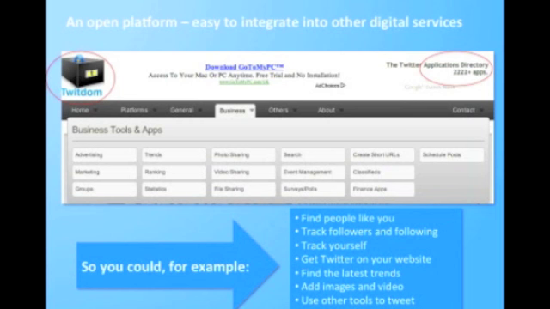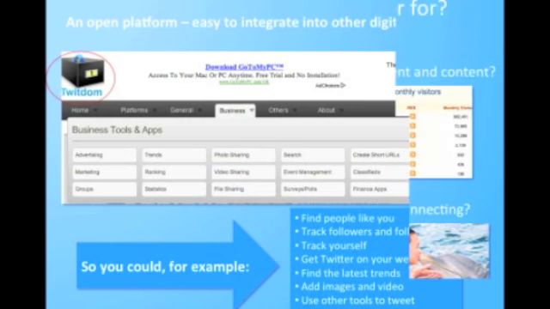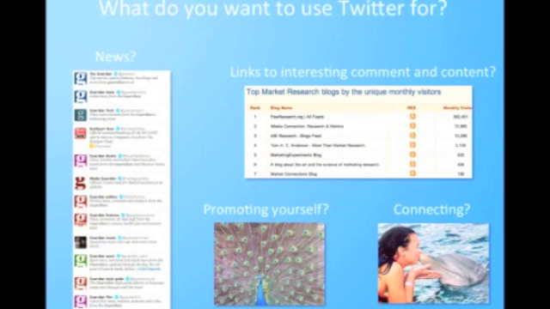You can find the latest trends, what people are talking about. You can add images and video. You can, rather than using Twitter on a website, use it on something on your desktop. So lots and lots of tools that all use the information within Twitter for other and different applications, things that you might find helpful or useful.